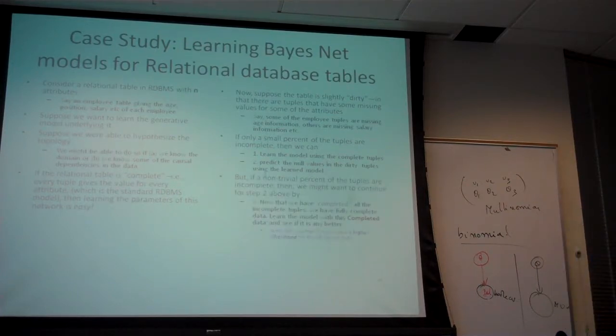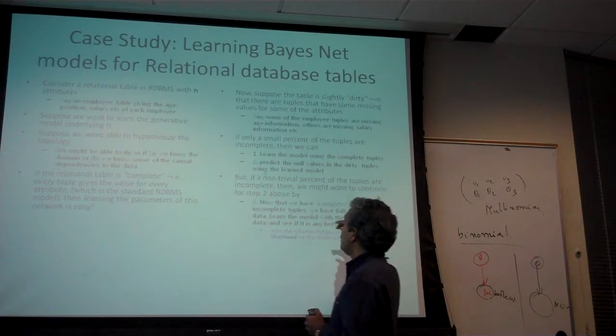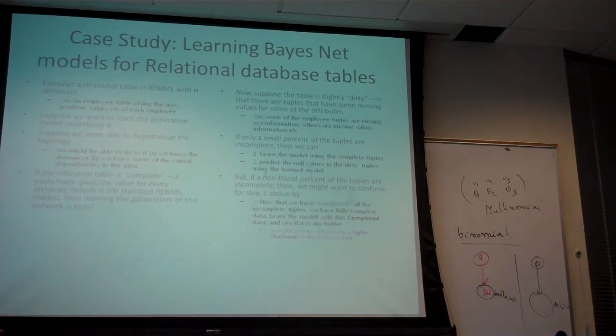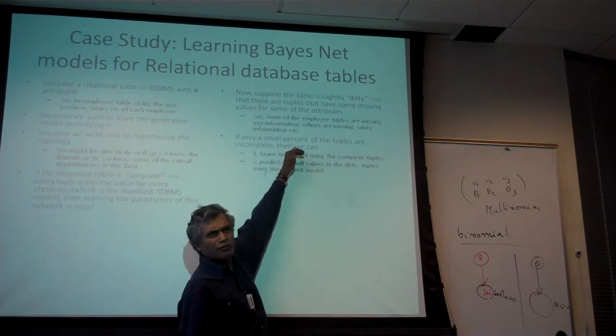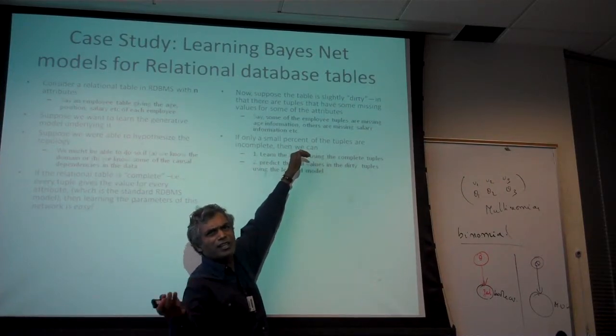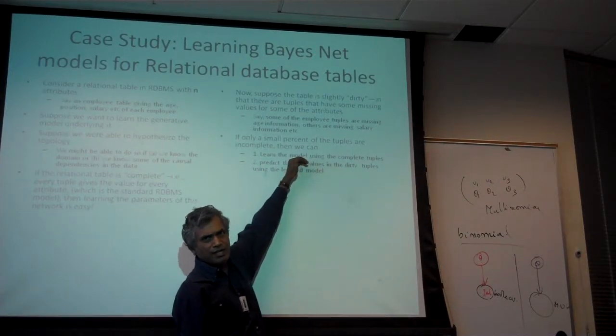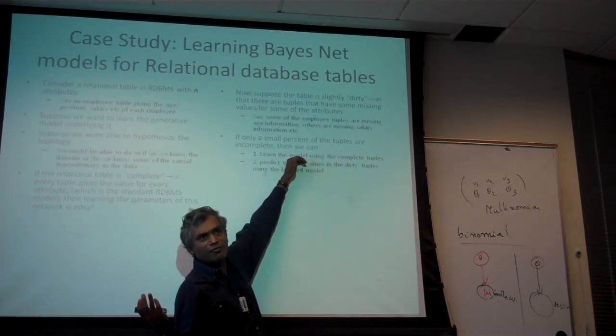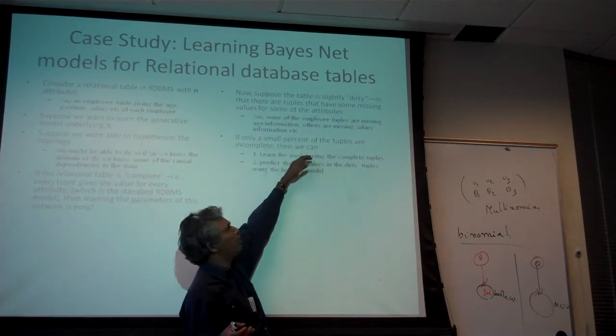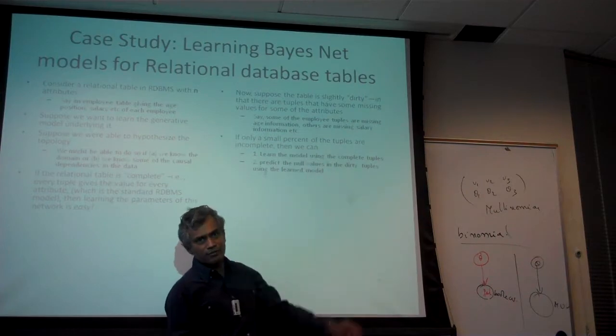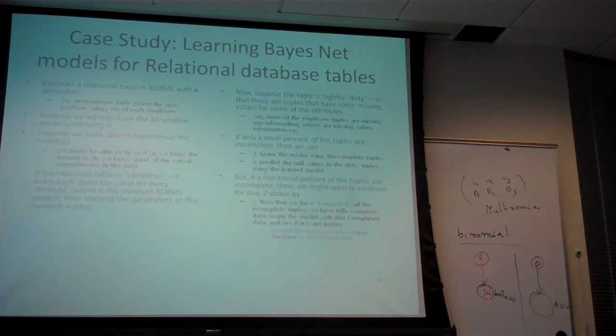And now it becomes a bigger issue if a non-trivial percent of the tuples are incomplete. Because here at least you would have thought, well, my model is good enough. Only 5,000 tuples are incomplete out of a million tuples, so I don't really want to waste my time relearning the model. But suppose a non-trivial percent of the tuples are actually incomplete, maybe 50%.